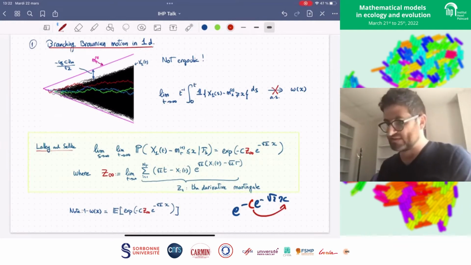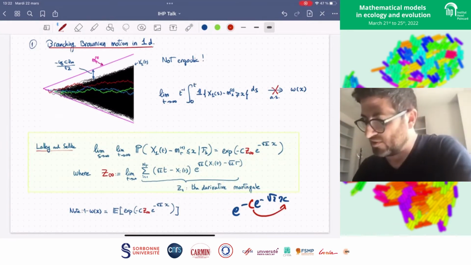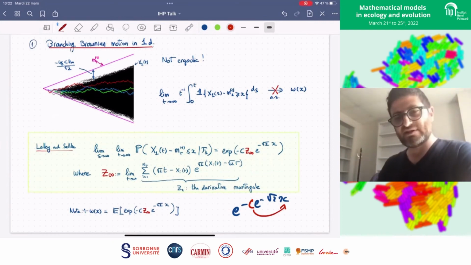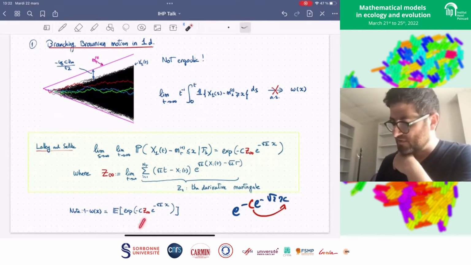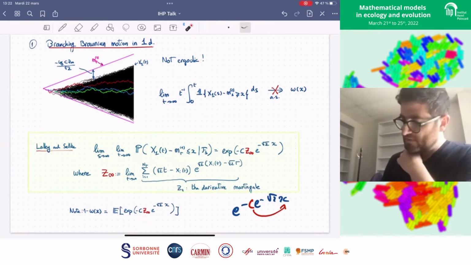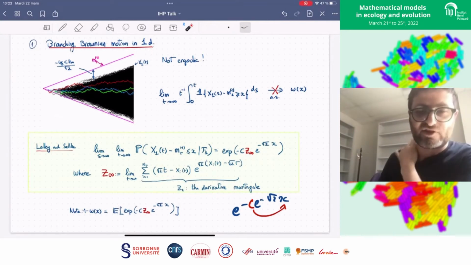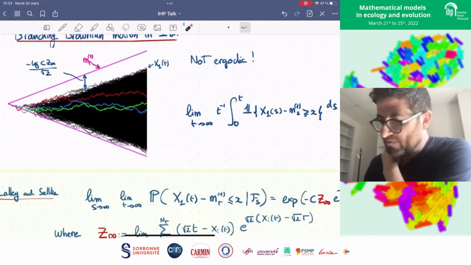So this limit distribution of the maximum displacement minus small m is actually a Gumbel distribution, which is shifted by the limit of this martingale Z infinity. More precisely, it's shifted by minus log of c Z infinity divided by root 2.